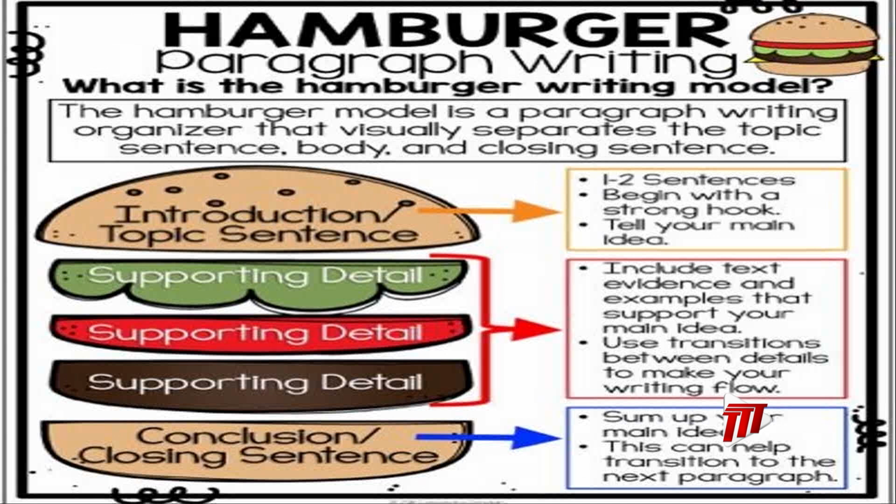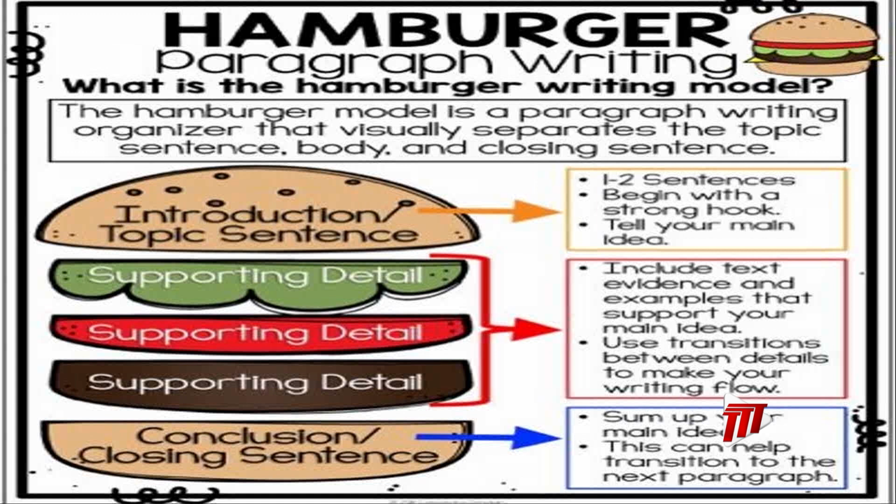So the introduction, the topic sentence, the main idea is 1 to 2 sentences. So your main idea can be 1 to 2 sentences. It begins with a strong hook, and it tells your main idea. Your main idea has to captivate the reader. It has to let the reader know exactly what this paragraph is going to be about.